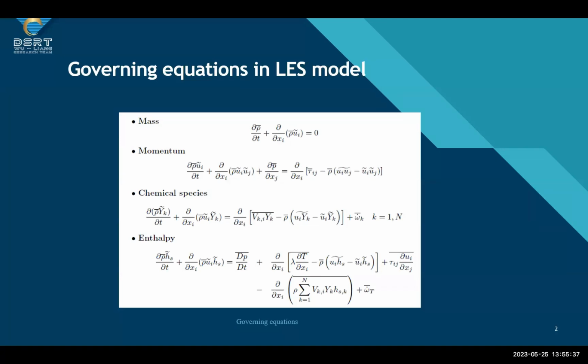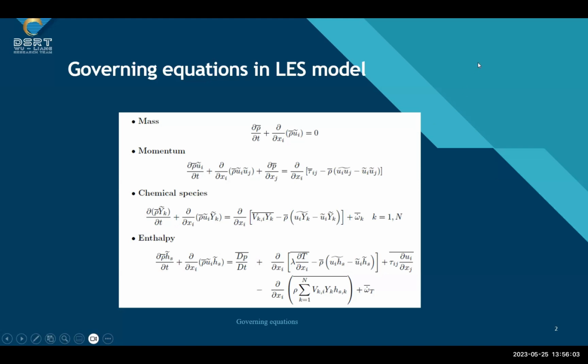I see. In this model, we filter the governing equations, then we obtain these equations. We have mass, momentum, chemical species, and enthalpy equations. In this project, by machine learning, I predict this function.